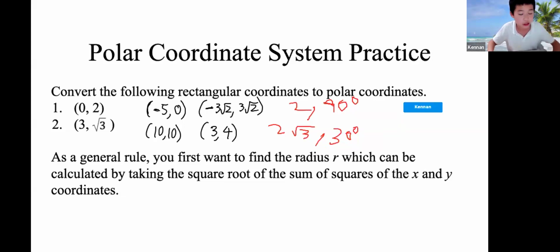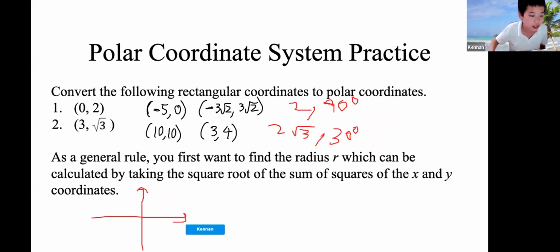Anyways, a general explanation of why. For part one, (0, 2) is on the y-axis, so it's over here.